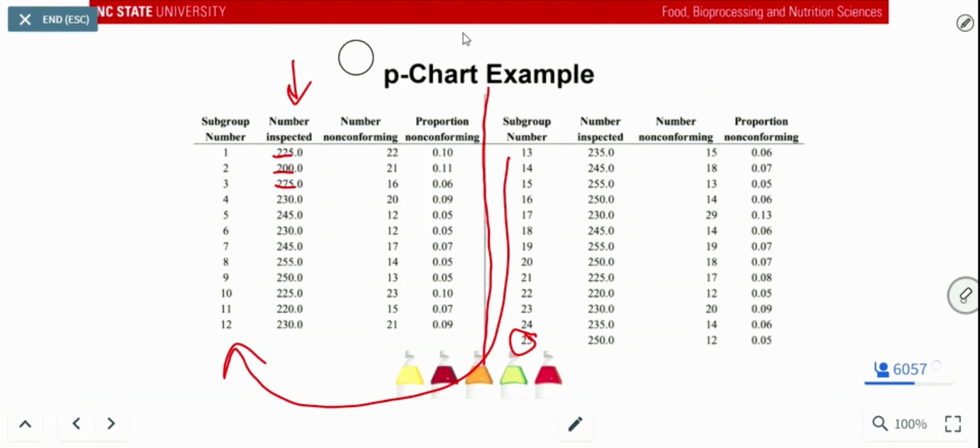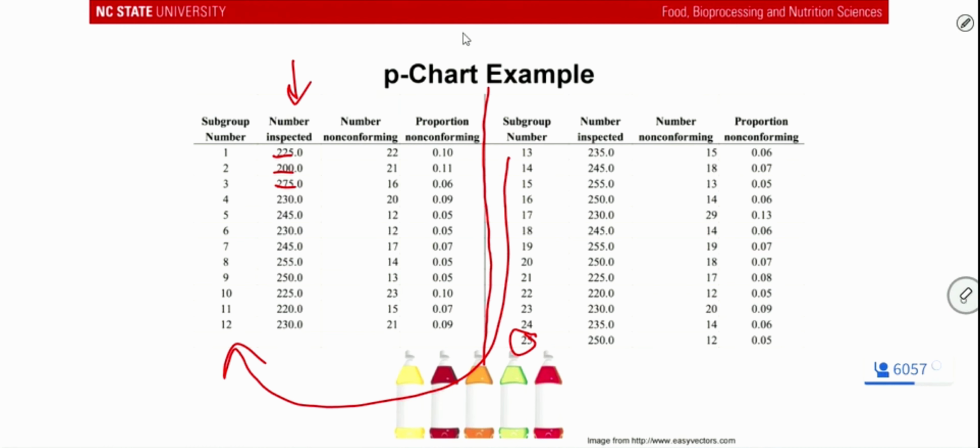Now, what is this next column? Number nonconforming. So for that first subgroup, we inspected 225 bottles of soda. Could you imagine that? That's a lot. So you see the math of how to get the proportion nonconforming, which is the third column here.